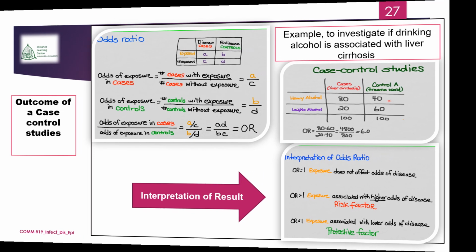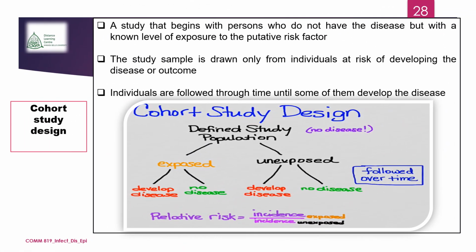Alright, our next observational study, which is the last and the most efficient but rarely used because it is one of the most expensive, is the cohort study design.